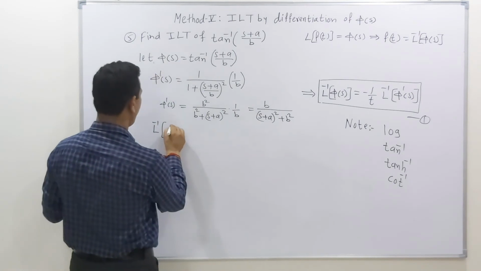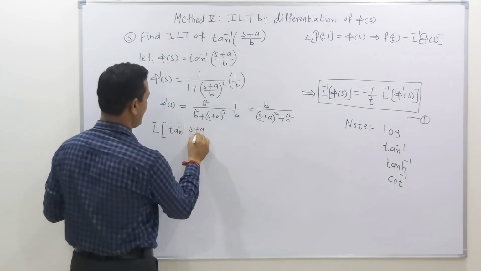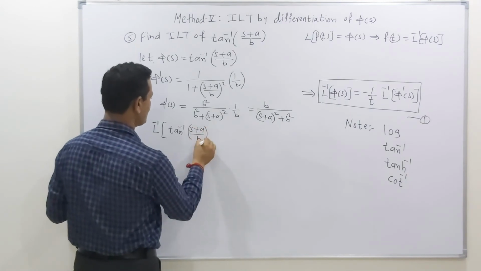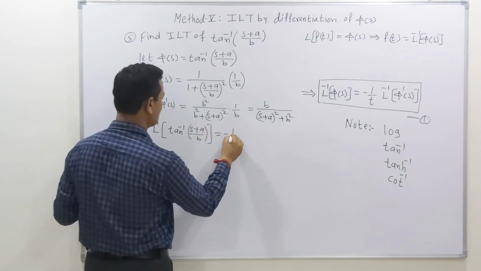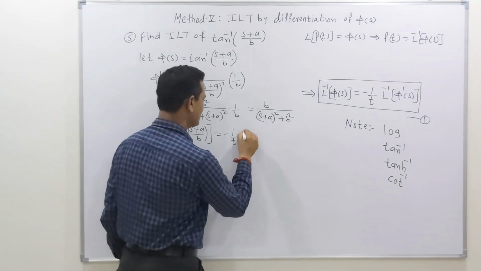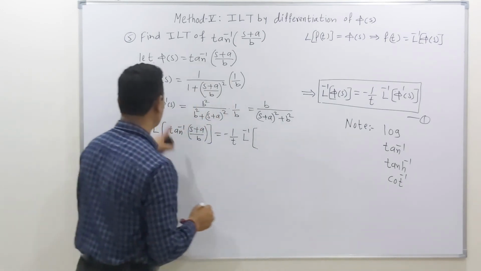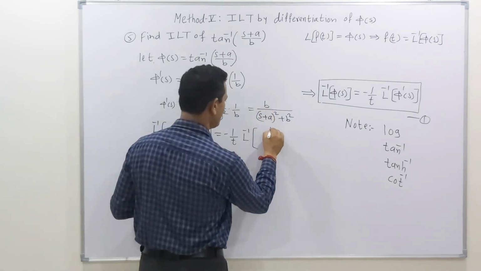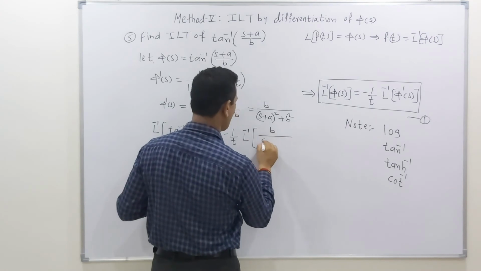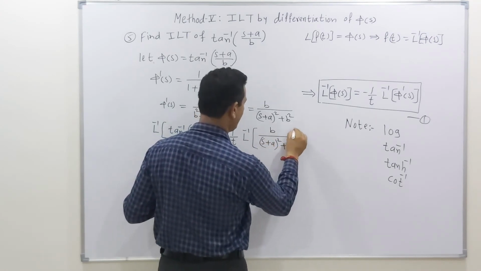If we apply this result number 1, we get the inverse Laplace transformation of phi of s, where phi of s is tan inverse of (s plus a) upon b, equal to minus 1 upon t into the inverse Laplace transformation of phi dash of s, which is b upon (s plus a) its square plus b square.